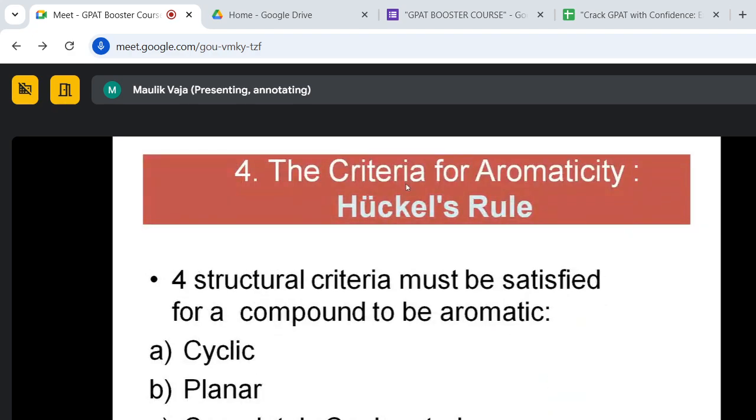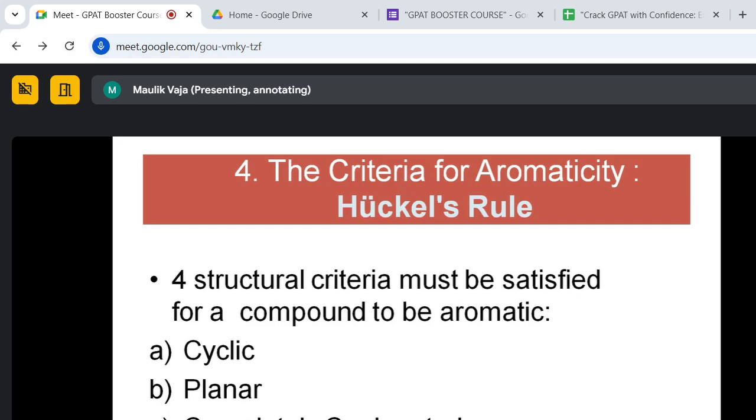There are mainly four structural requirements. The compound should be cyclic, it should be planar, it should be completely conjugated. What is the meaning of conjugation?